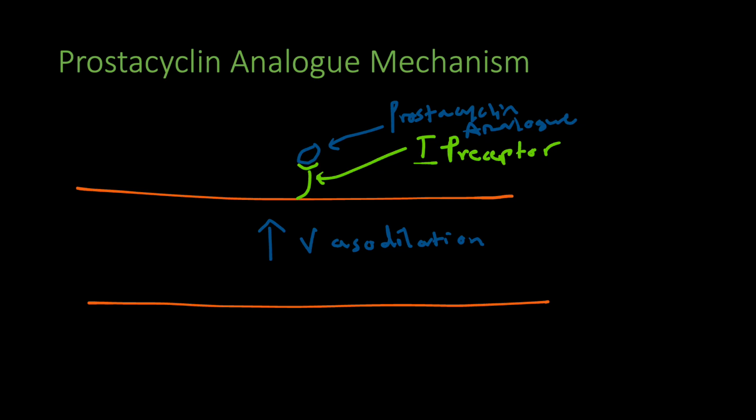And a prostacyclin analog, essentially what this one does is very simple. It just binds to the prostacyclin receptor on the smooth muscle and causes vasodilation. That's essentially it. Same thing with the agonist.